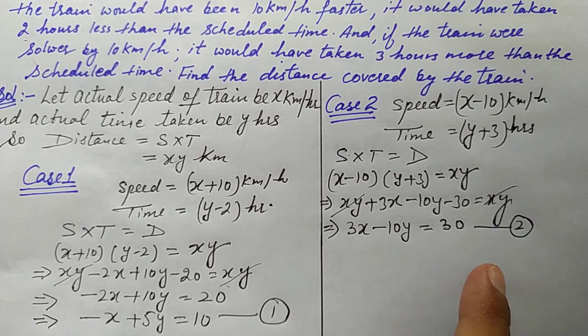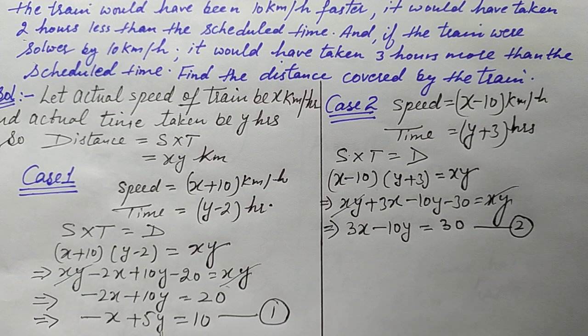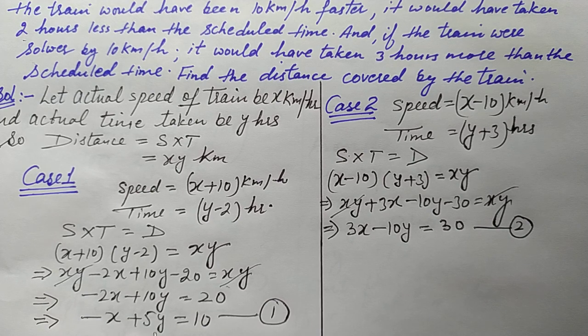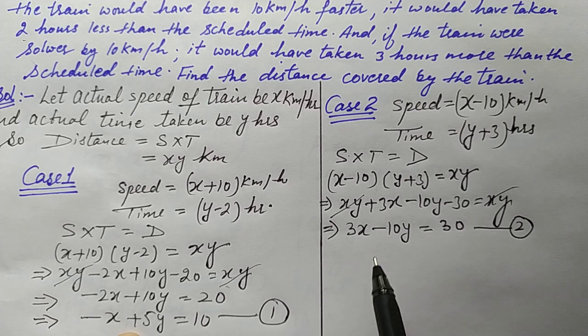Now we'll solve these two equations and get the values of x and y. If I multiply equation 1 by 2, I will get the coefficient of y as 10, and in the second equation it is already 10. So by the elimination method we can solve this.